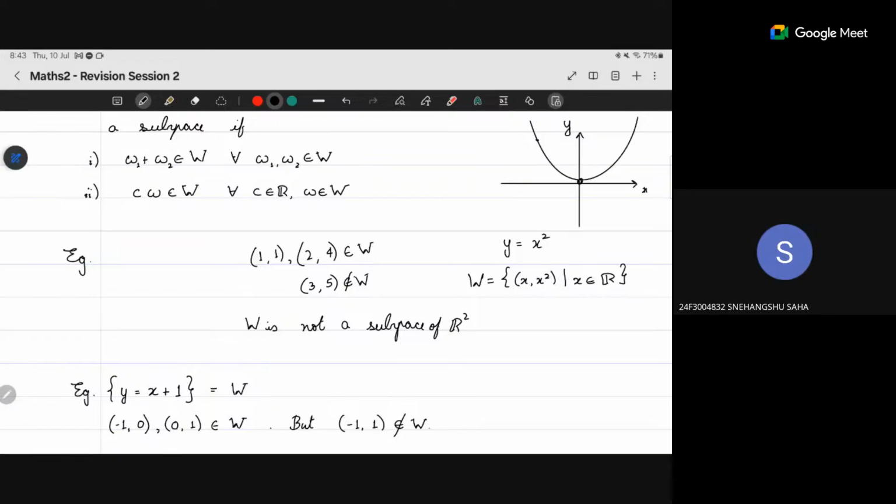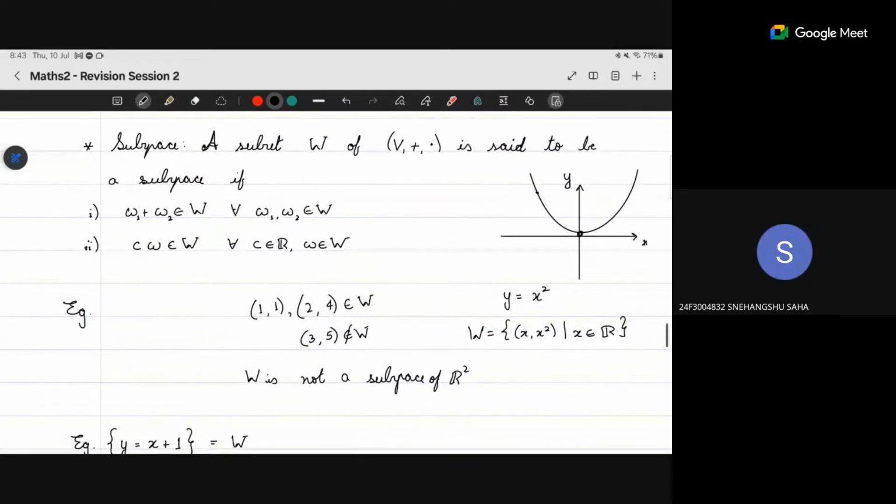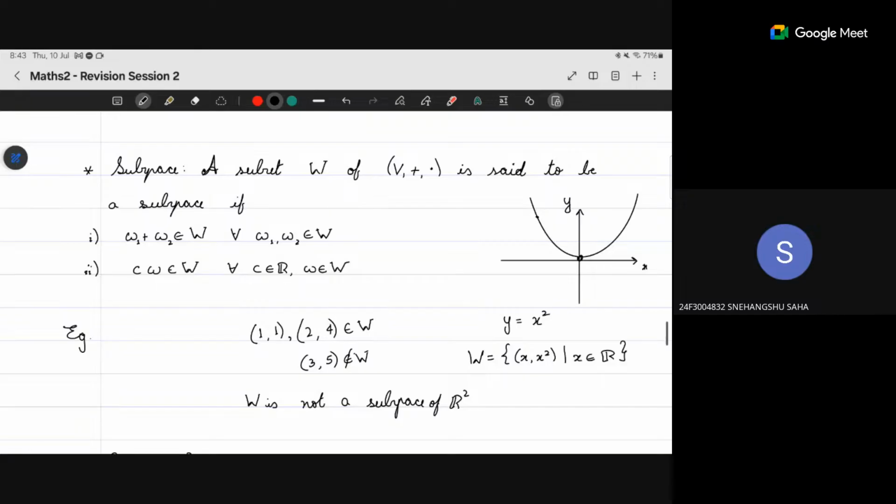A subset could be any subcollection of the given vector space. If you take R2, any subcollection of R2, even just 2 or 3 points, is also a subset. But if you have some elements in that subset, and you add them, that sum should also be in the subset, and scalar multiples of those elements should also be in the subset.